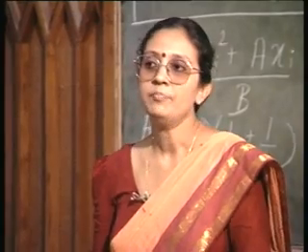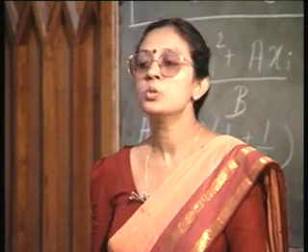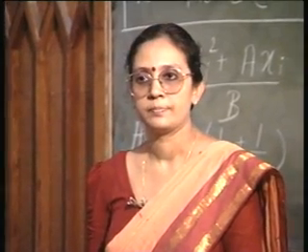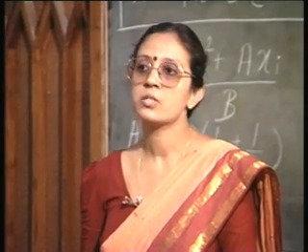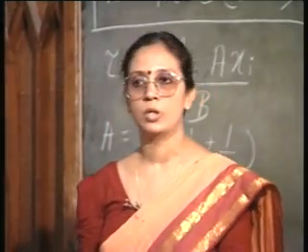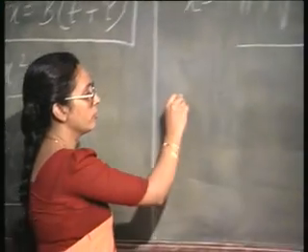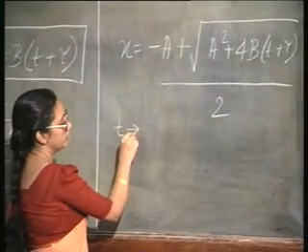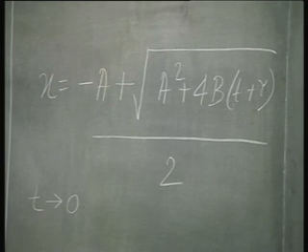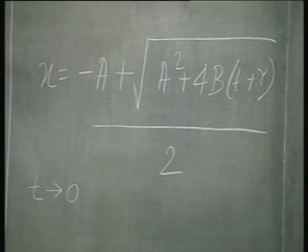Now, let us consider two limiting cases. The first case is when t is very small. I am doing oxidation for a very short duration of time. t tends to 0; t is not actually 0, t is very small. What is the significance of t being very small?